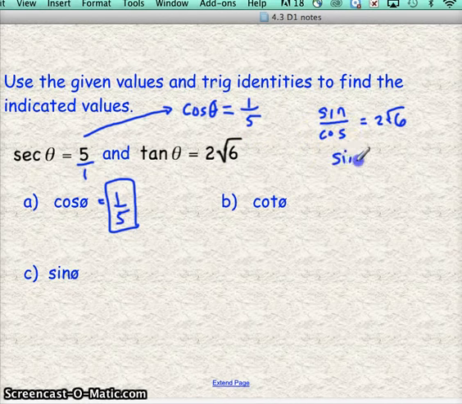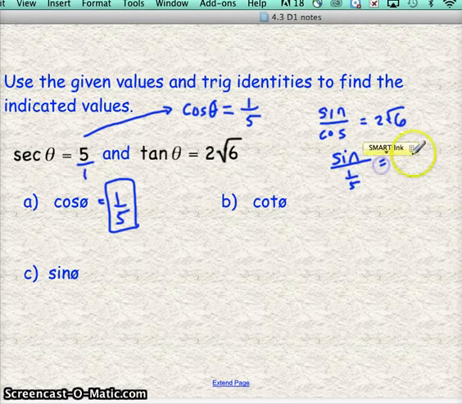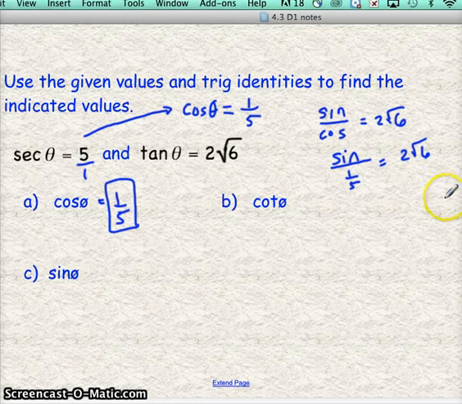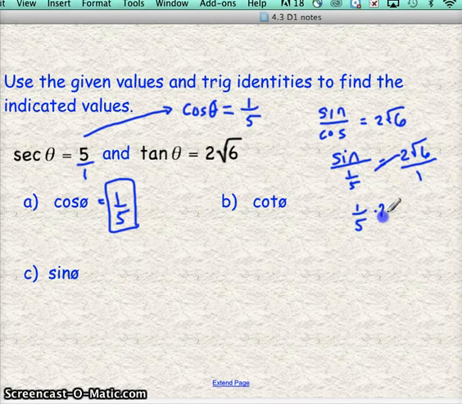I could do sine over 1/5 equals 2 radical 6. And if I cross multiply, I would have 1/5 times 2 radical 6 equals sine.